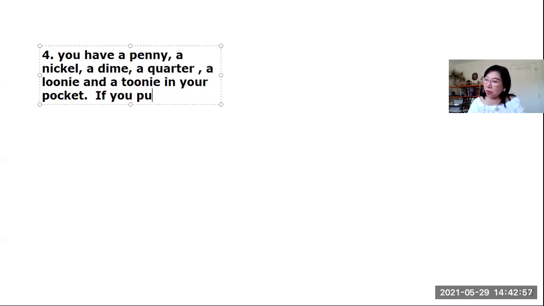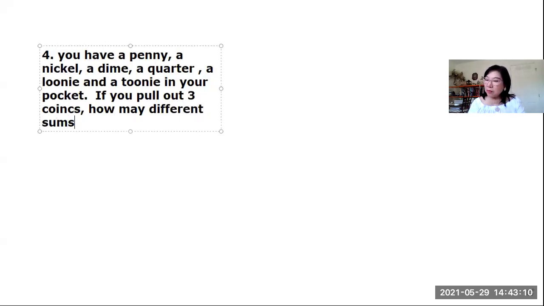If you pull out 3 coins, how many different sums are possible?